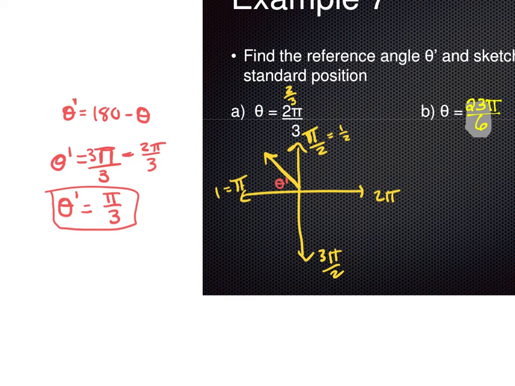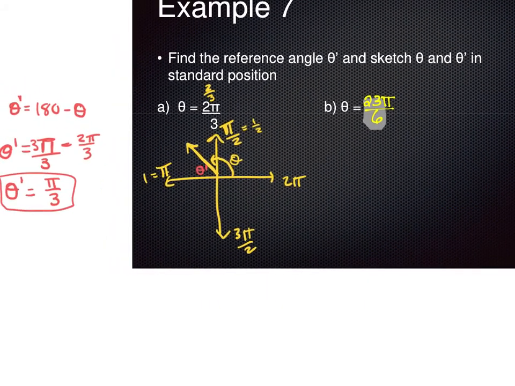And then this big angle here is our original theta, which is 2 pi over 3. So when it says to sketch theta and our reference angle, this would be how we sketch it. Because our reference angle is just talking about the acute part, but theta is talking about from our starting 0 to our terminal side.